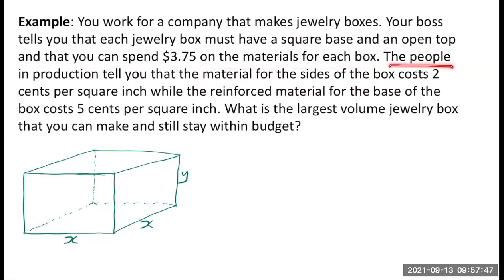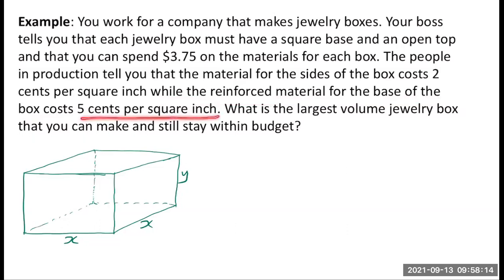The people in production tell you that the material for the sides of the box costs 2 cents per square inch, while the reinforced material for the base of the box costs 5 cents per square inch.